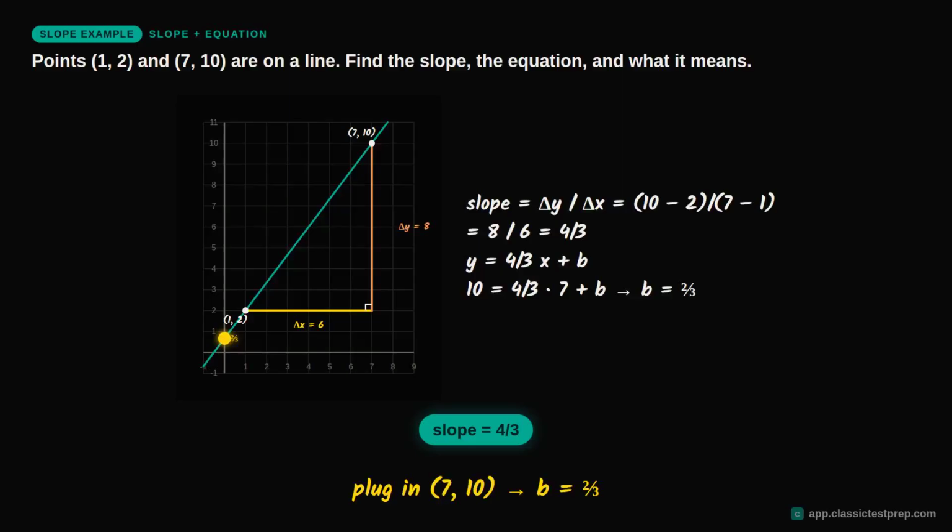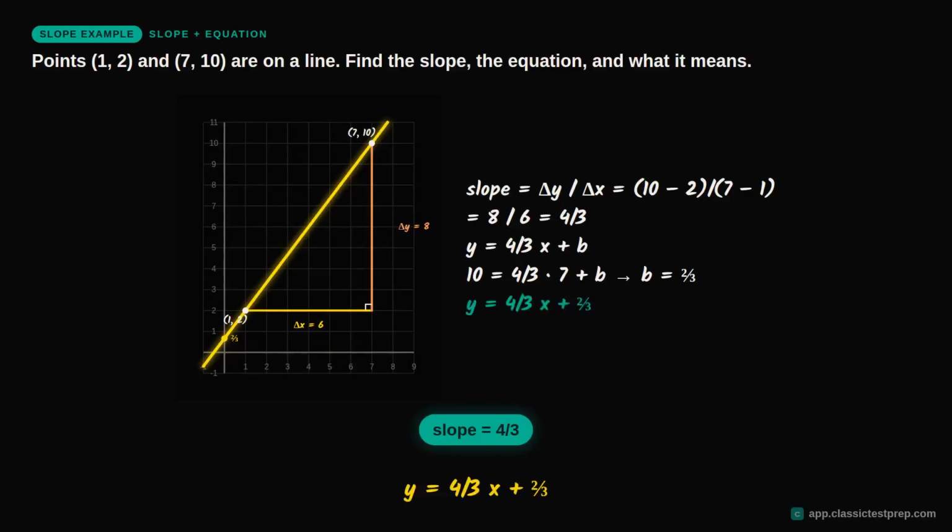When x is equal to 0, y is equal to 2/3. When x is equal to 1, y is equal to 2, which is an increase of 4/3 of a unit, 1 and 1/3. And that matches the original information we were given in the stem of this question when they told us that there's a point (1, 2) on this line.